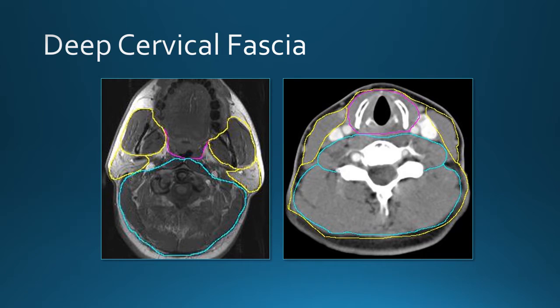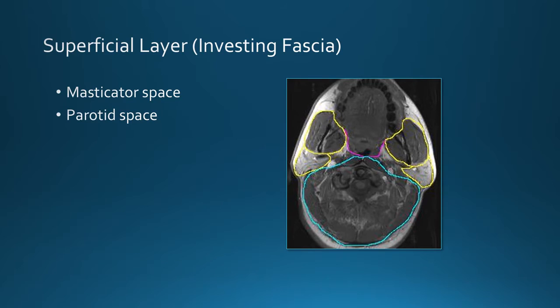In this picture, I have the superficial layer in yellow, the middle layer in magenta, and the deep layer in cyan. So first, the superficial layer, also called the investing fascia. This delineates the masticator space and the parotid space.